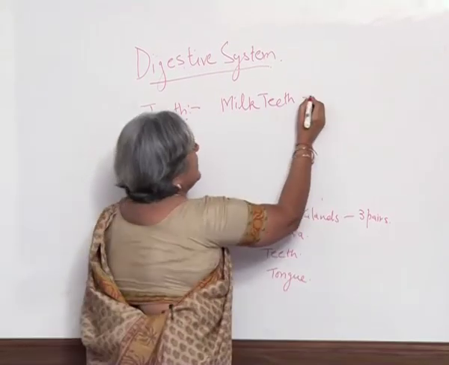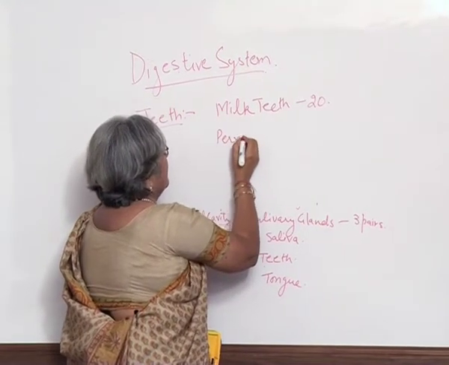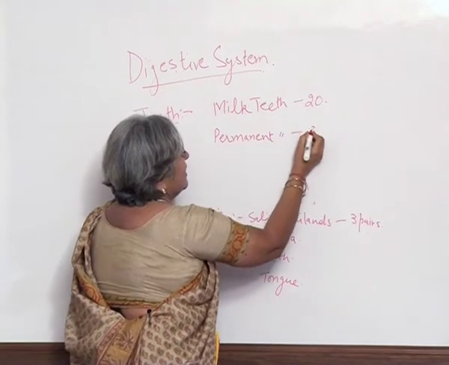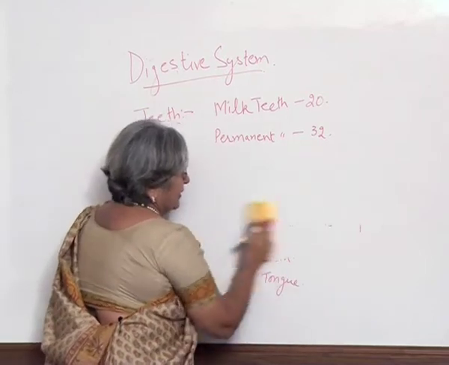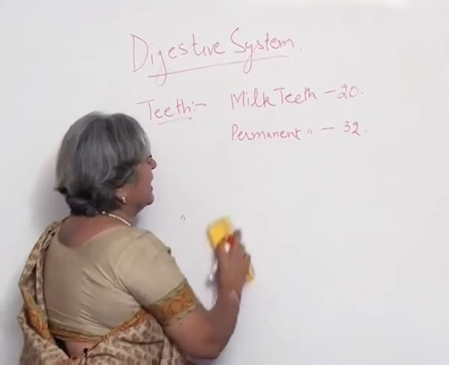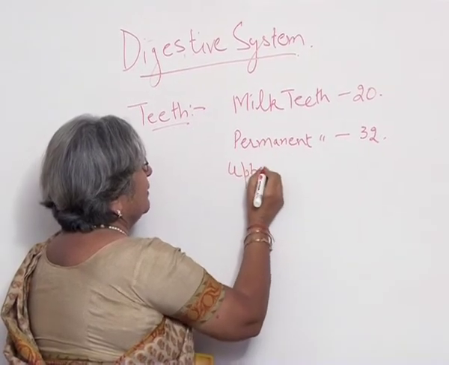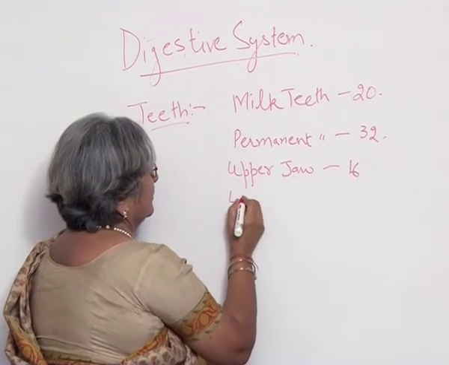They are only 20 in number and then they are replaced by permanent teeth which are 32 in number. These teeth are arranged on two jaws, upper jaw and lower jaw.